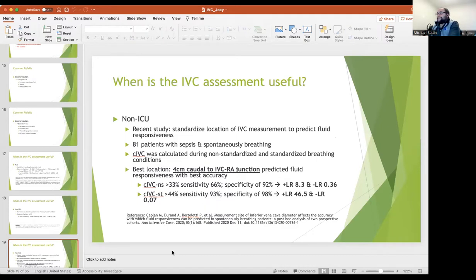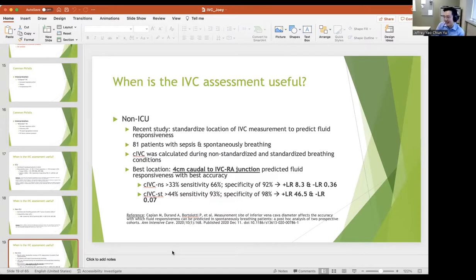So the ASC guideline for where to measure is 0.5 to 3 centimeters proximal to the RA junction, which ends up being where the hepatic vein comes off, and that is where you should technically be measuring if you wanted the most accurate right atrial pressure measurement. When does that matter? Like never. I really never care what the right atrial pressure is. RVSP, Mike.